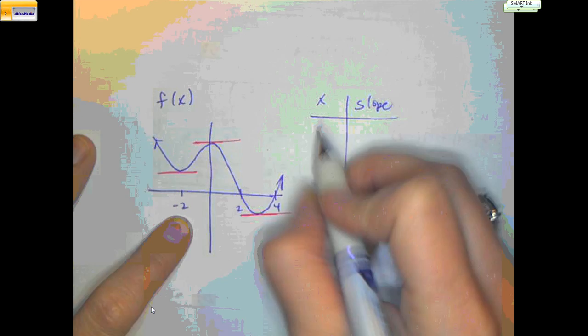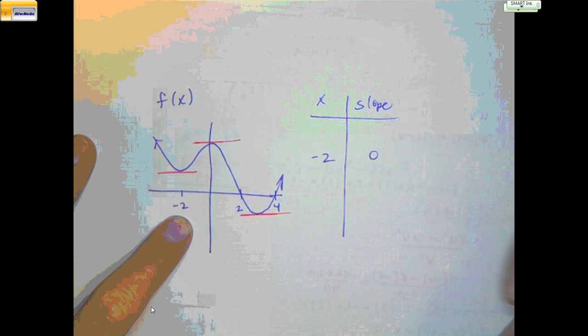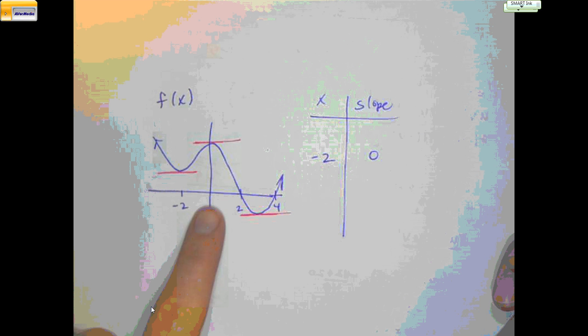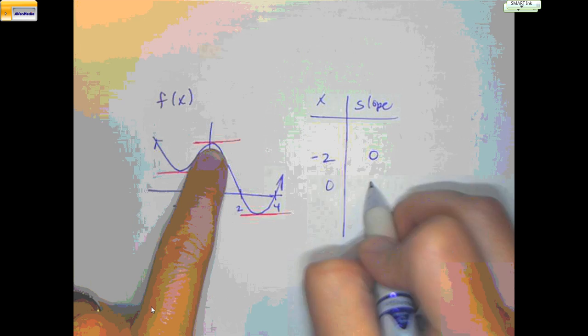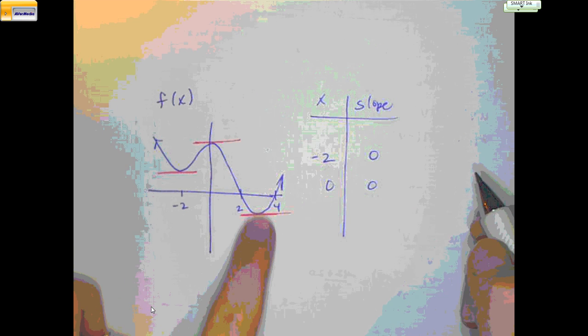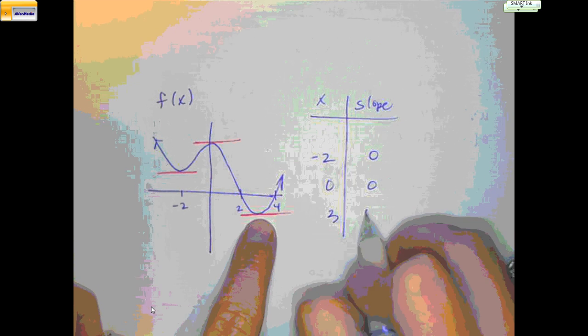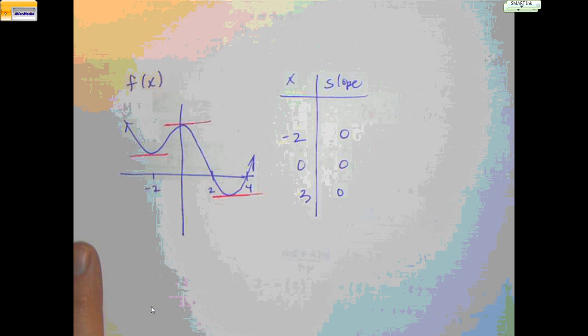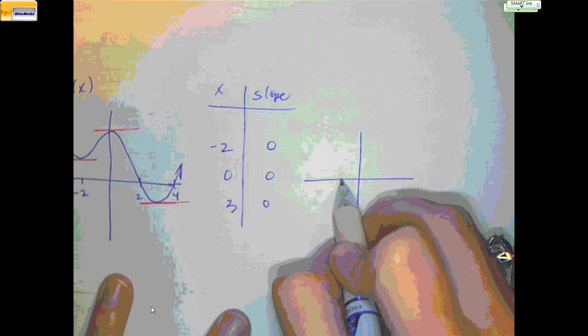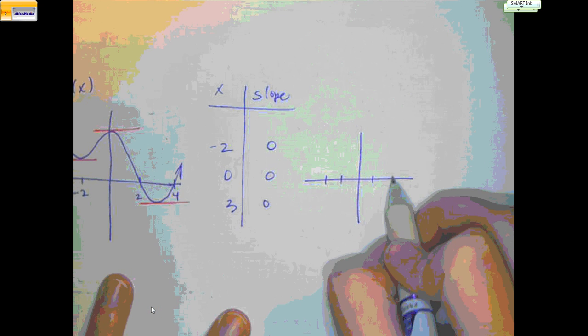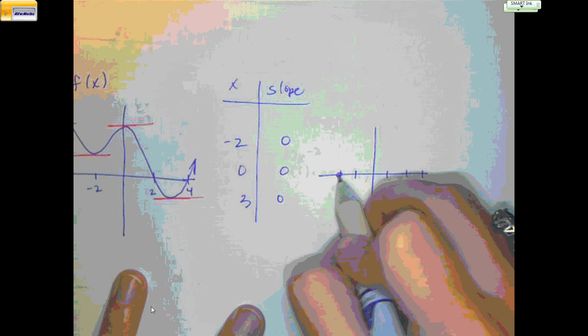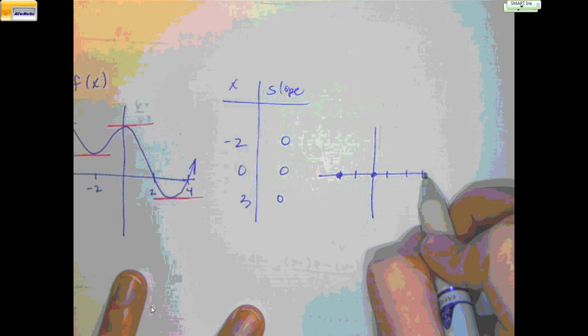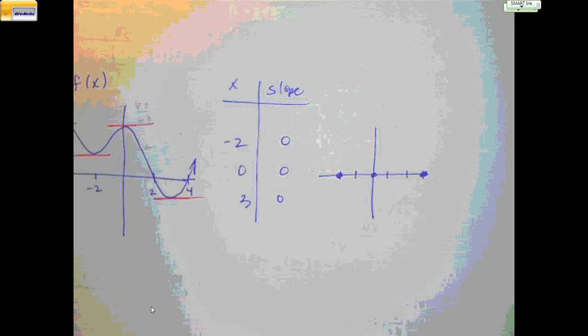So at negative 2, the slope is 0. At 0, the slope is 0. And at probably 3, it's at 0. So these are now ordered pairs on your new graph. I can't zoom out any more than that, can I? That's okay. 1, 2, 1, 2, 3. So I have that point, and that point have to be on the graph.